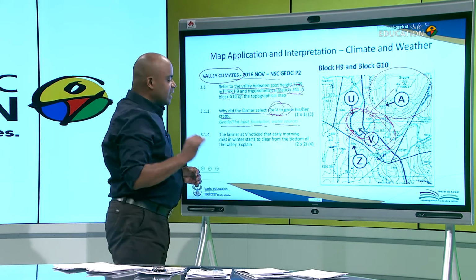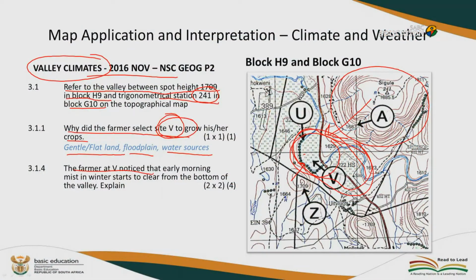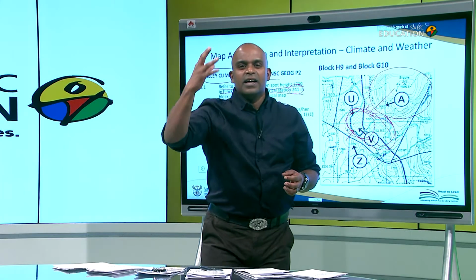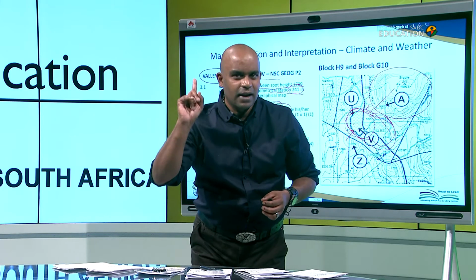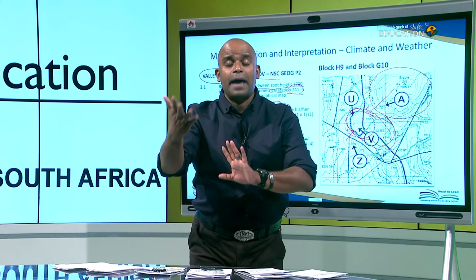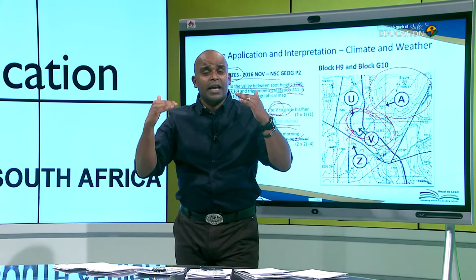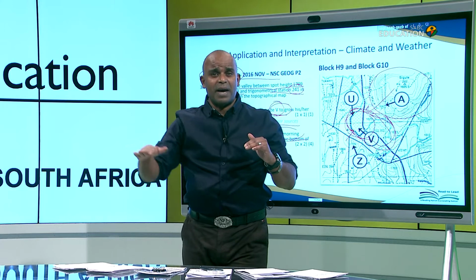And if you look at the next question, the farmer at V noticed that the early morning mist in winter starts to clear from the bottom of the valley. Explain. Again, associated with your valley climates, like frost, is mist. And mist is most applicable in the mornings after the katabatic flow.